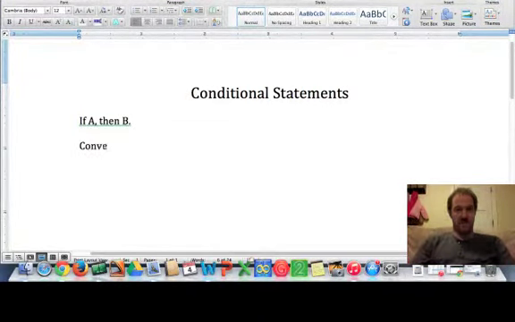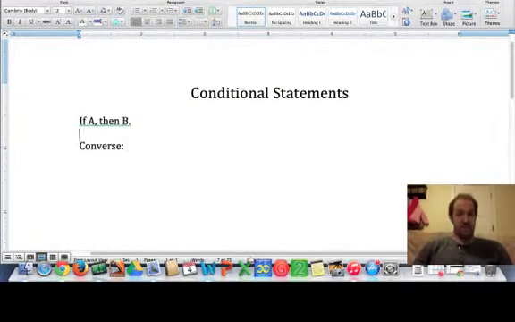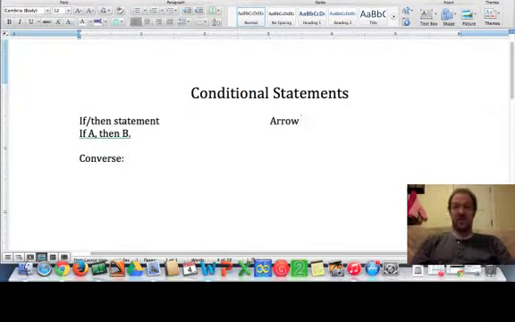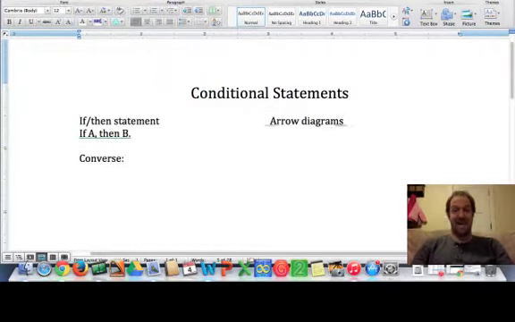Incidentally, if-then statements can also be written as what we call arrow diagrams. We can write them as arrow diagrams, and they mean the exact same thing.